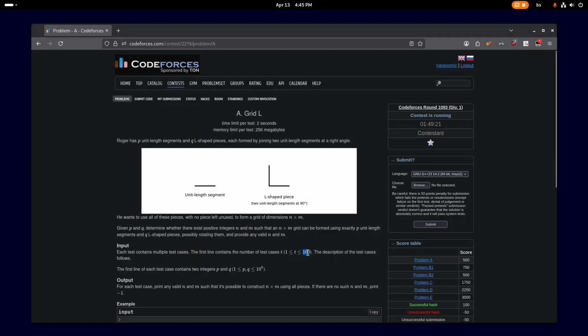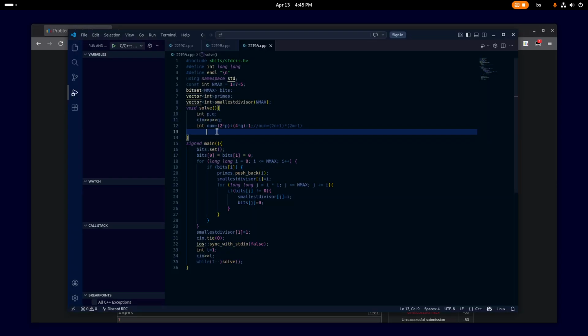Okay. So I guess I can do something like this maybe, because the number of test cases is low. I can probably just do the root of this number.